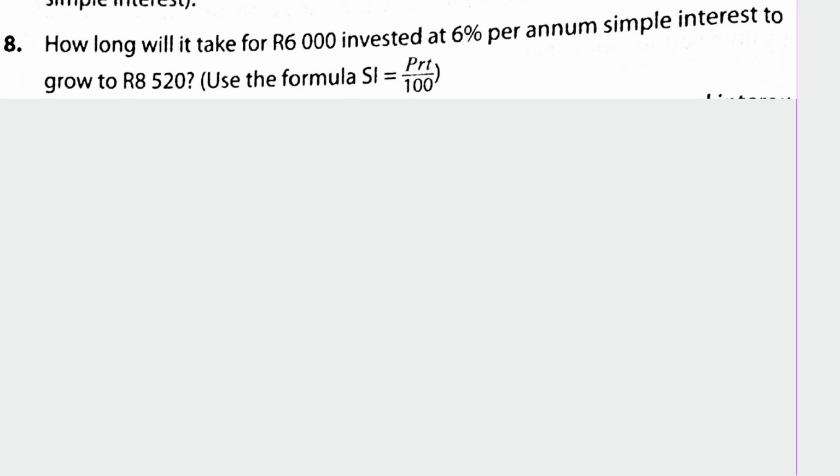So how do we do that? We will say this future value of ours, which is 8,520, subtract the principal amount, which is 6,000, will give us the simple interest that we are looking for. The simple interest is going to be how much?